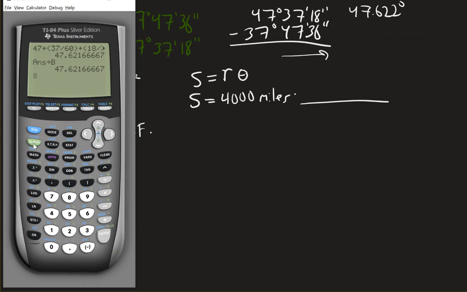And I want to take city B and subtract city A, all of city A, which is 37 degrees, 47 minutes, parentheses around your fractions is always a good idea, and 36 seconds.